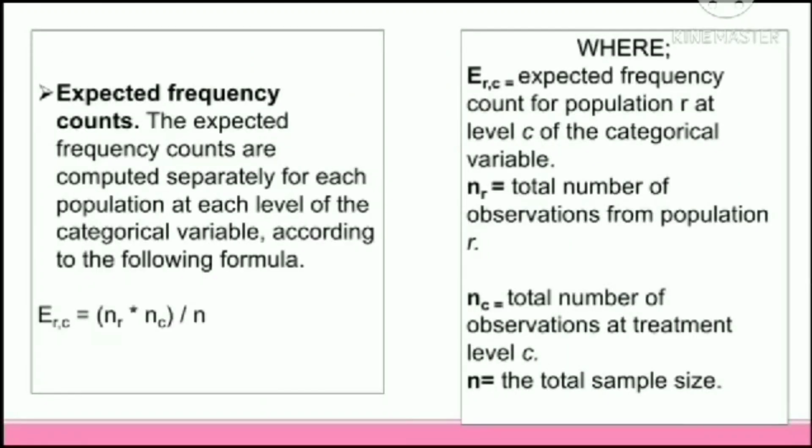Next, the expected frequency counts are computed separately for each population at each level of the categorical variable according to the following formula.